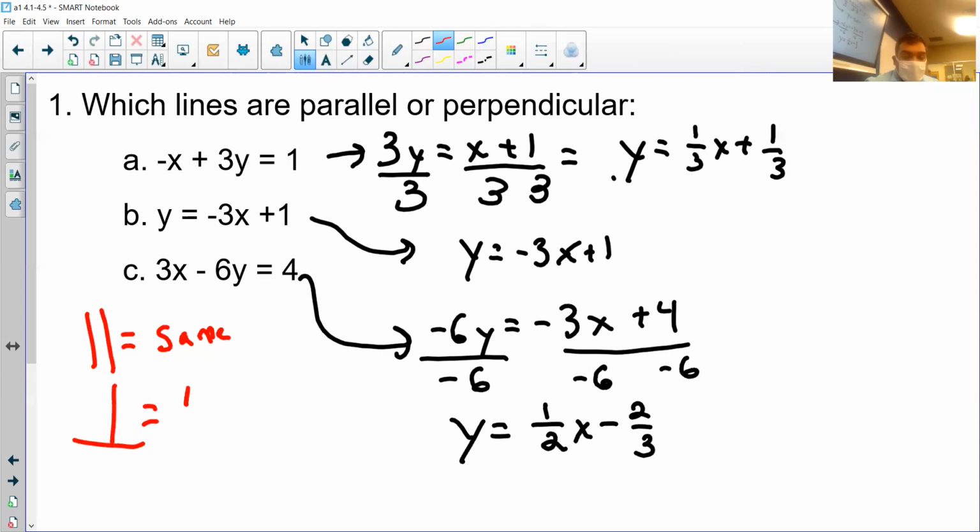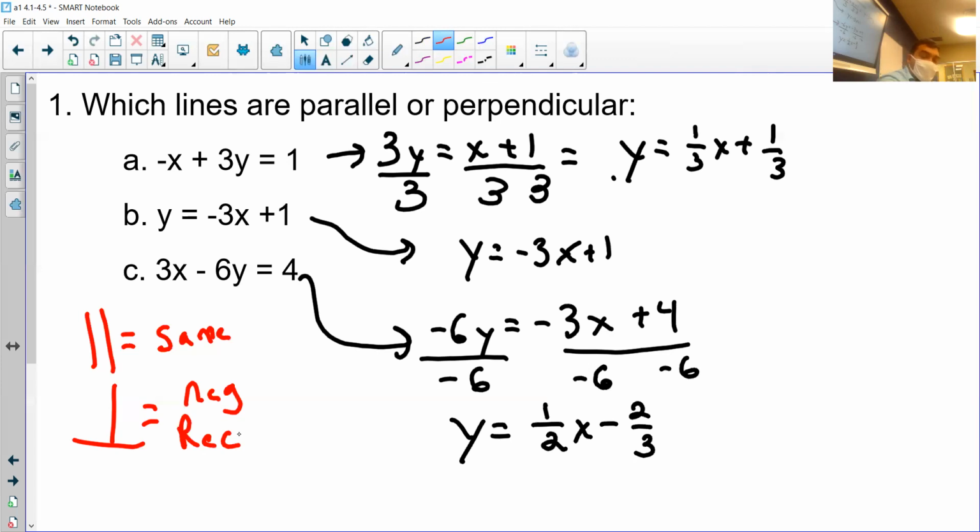Which means it's a negative reciprocal. Okay? Is there any pair here that has a negative reciprocal for the slope? A and C?